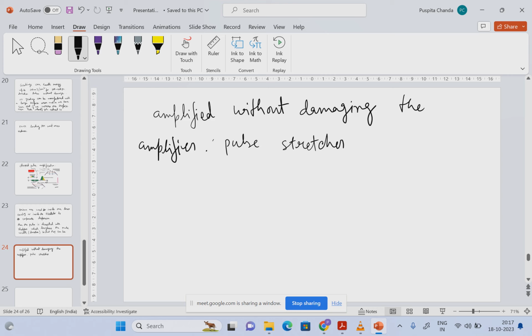Transducer is basically a diffraction grating.